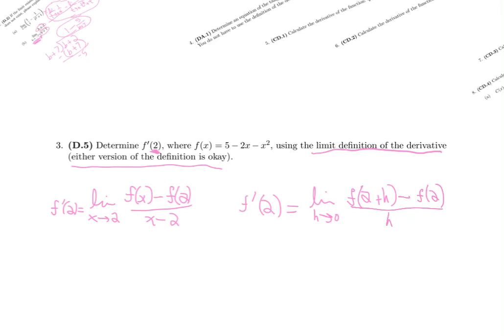And then some of you did f prime of x using this second version, except you did x instead of 2, and then you later plugged in 2. So those are all three valid ways of doing this problem.